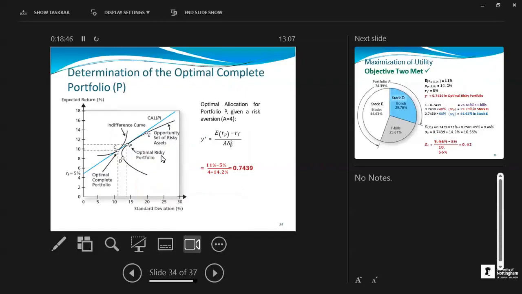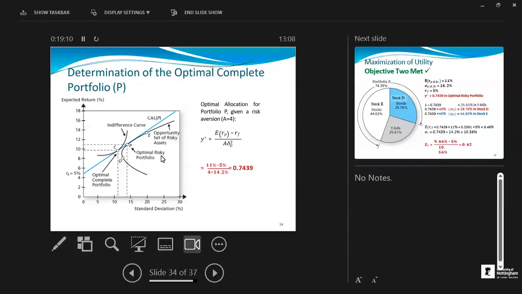Right. So the bottom line is that you have an efficient frontier, and then you can choose. Once you have created an optimal risky portfolio, you can create an optimal complete portfolio for yourself, taking into account your own risk preferences.